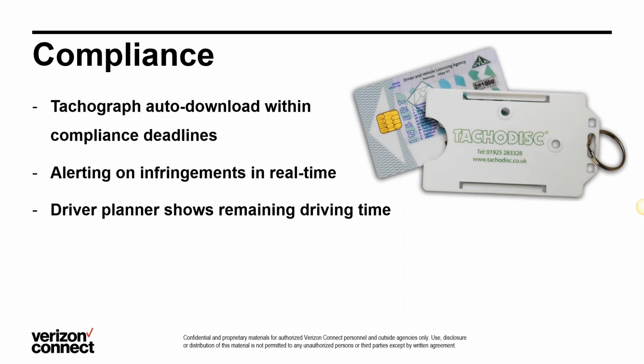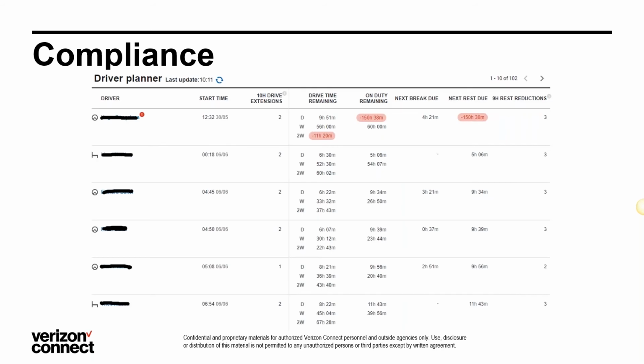And the driver planner, which I'll show on the following slide, really allows you to see which drivers have the relevant amount of time. A lot of companies struggle and send a driver to do a 6-hour round trip when actually they've only got 4.5 hours left on their driving time directive. And as I say, I've blanked out some names here, so this is all true and real and live data.